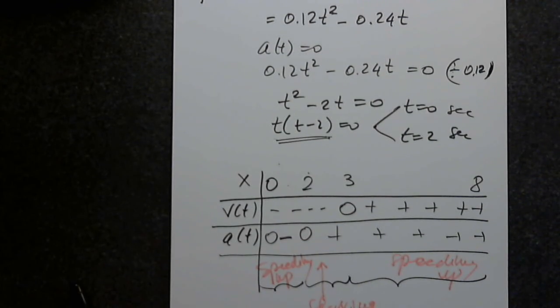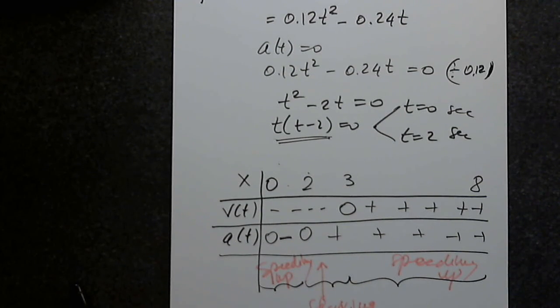Notice that between 0 and 2 seconds, they're both under the x-axis. They're both negative. So the particle is speeding up. Notice that between 2 and 3, the acceleration is positive, but the velocity is negative. So that's why the particle between second 2 and second 3 is slowing down.